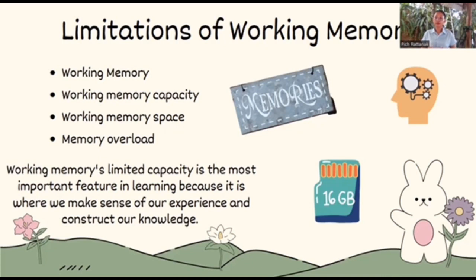So it becomes memory overload, meaning that you cannot make sense of and store that lesson in our memory anymore because it's too much to handle. Working memory's limited capacity is the most important feature in learning because it's where we make sense of our experience and construct our knowledge.